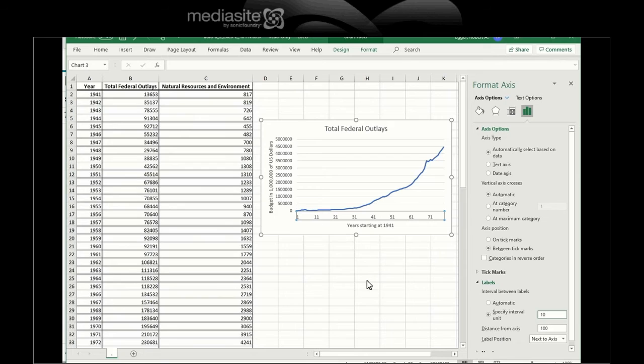So every 10 years, or every 5 years if that's too much for you. So remember, 1 is 1941, which makes 76. Well, add 76 to 41, which would be 2017 plus 1, 2018. Yeah.